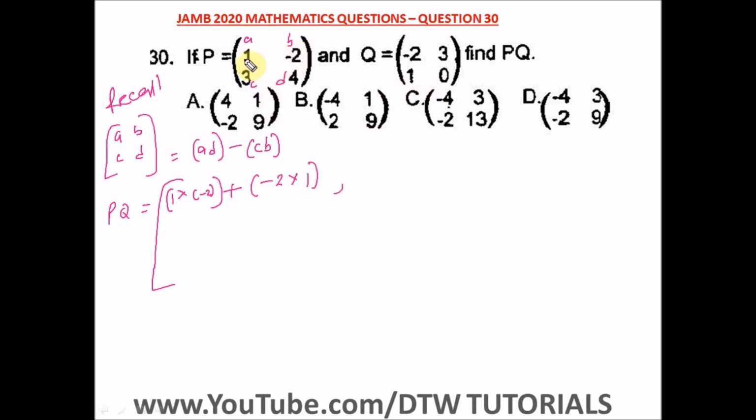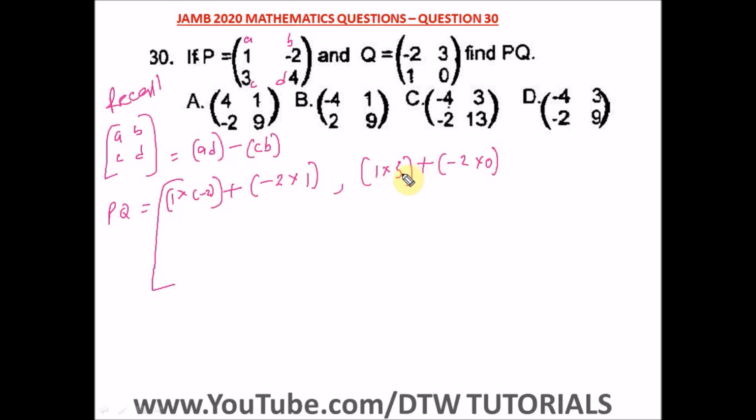Comma, we have this again multiplying this. So we have 1 times 3 brackets close, plus minus 2 times 0.